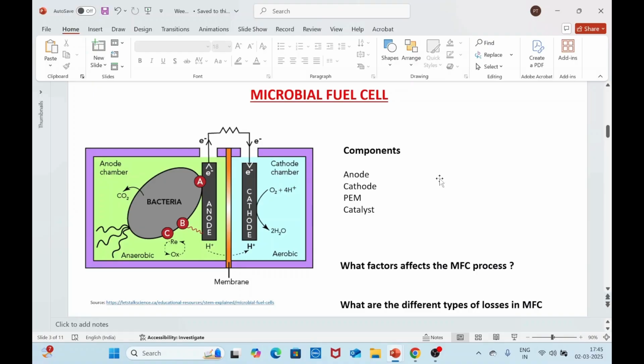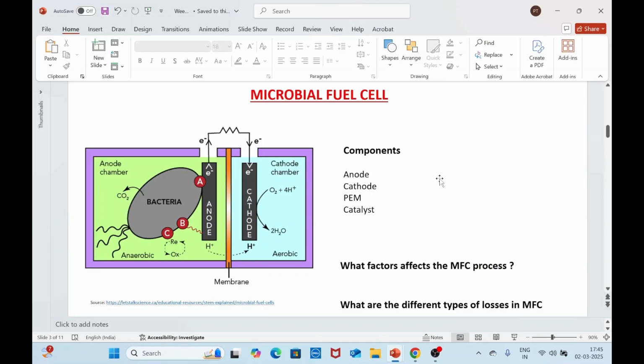So let's start with the discussion of a fuel cell. The fuel cell is nothing but a typical galvanic cell, which uses the free energy of a chemical reaction, and that gets converted to electrical energy. The definition of a fuel cell is a cell where chemical energy is converted into electrical energy.